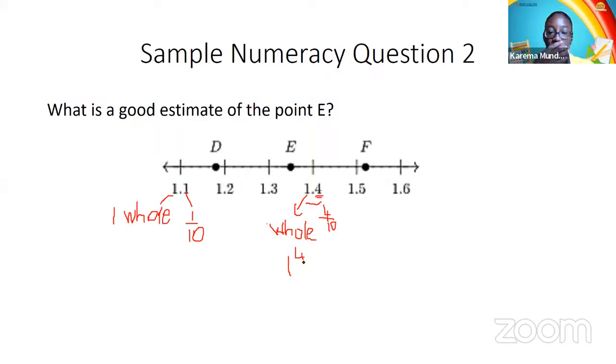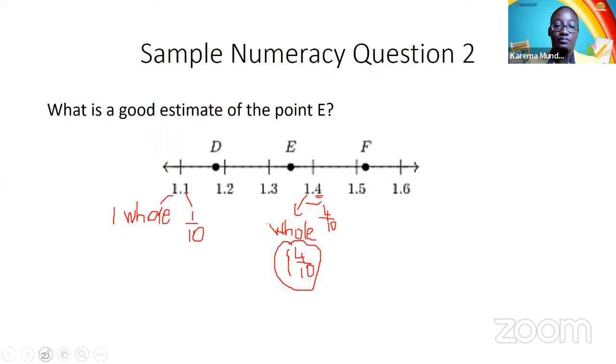All right, now let us get back to the question. I hope I have cleared up the young man's confusion. Does any other member of the team want to share anything, or do you think we have dealt with it adequately? I think we have dealt with it adequately, and now we understand that the number name is 1 and 4/10. We see 1.4 when we look, but when we call the number name, we say 1 and 4/10.